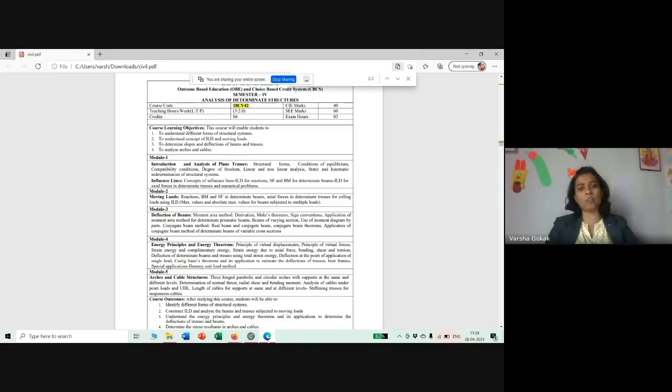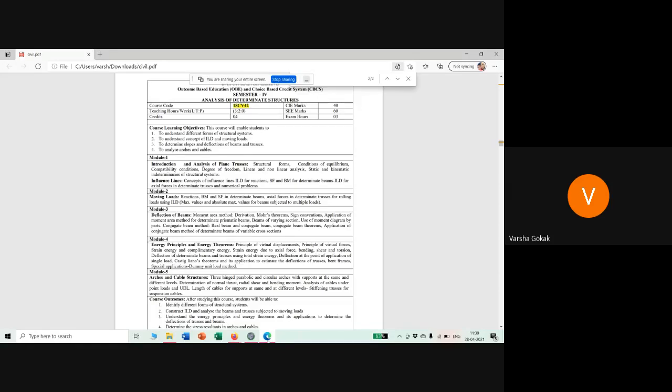Summation fx means all horizontal forces, summation fy means all vertical forces, and summation m means all the moments about a particular point. We equate them to zero and try to get the unknowns. So in the first step in your beams for drawing SFD and BMD, using these three equations, we were able to find the number of unknowns.